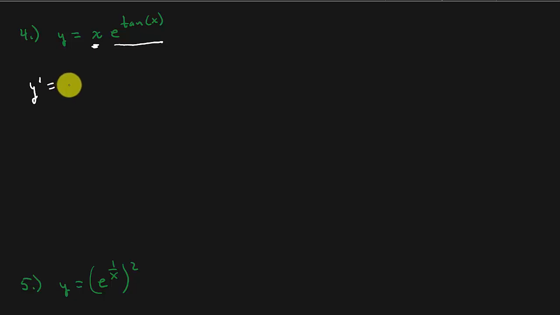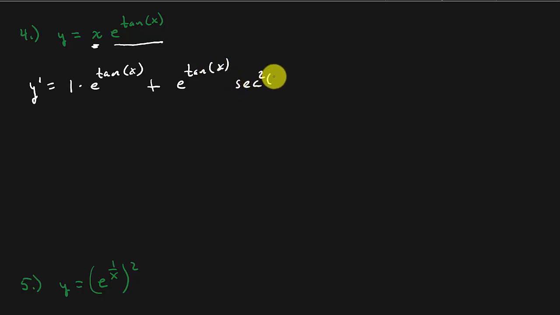So the derivative of the first function is 1. Derivative of x is 1 times the second function plus the derivative of the second function. So I've got to take the derivative of e to the tangent x. Well, that's e to the tangent x times the derivative of the exponent. So what's the derivative of tangent?